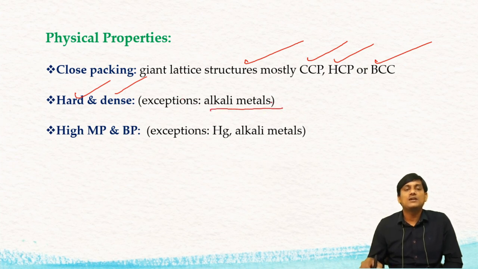Alkali metals such as lithium, sodium, potassium, rubidium, cesium are less dense and also soft in nature. Metals generally have high melting point and boiling point. Exceptions are mercury and alkali metals, which have low melting and boiling points.